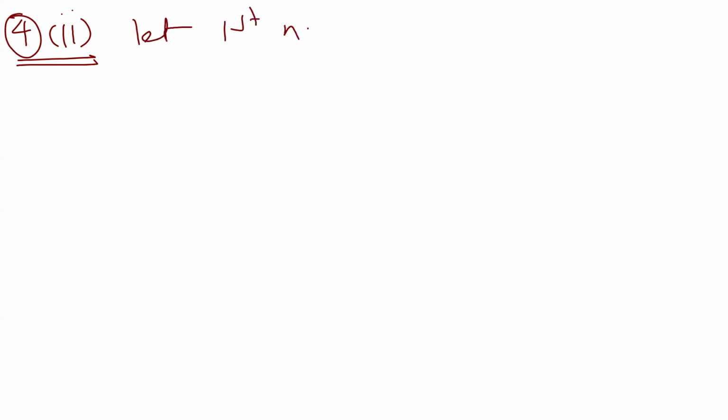Question number 4, sub question 2. The sum of two numbers is 9, and the sum of their squares is 41. Let first number be x.